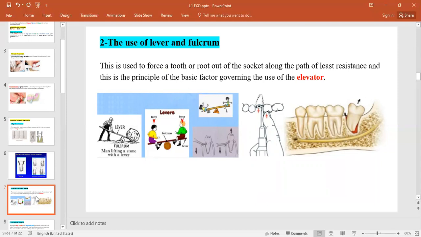In this way, we use the elevator as our force, with the resistance being the tooth. And here we use the alveolar bone as a fulcrum. However, if you want to extract two teeth, we can use the other tooth as a fulcrum.